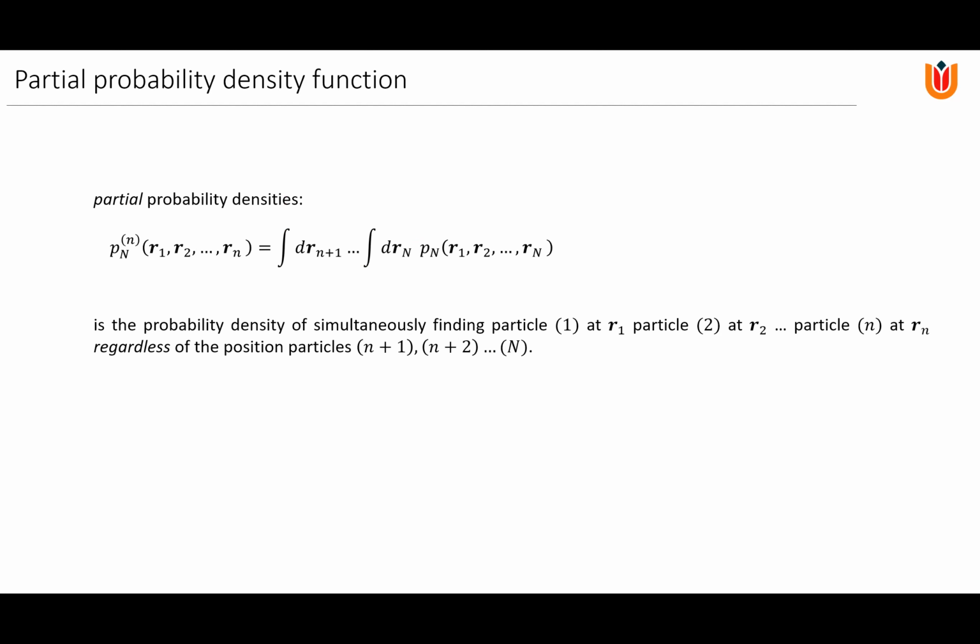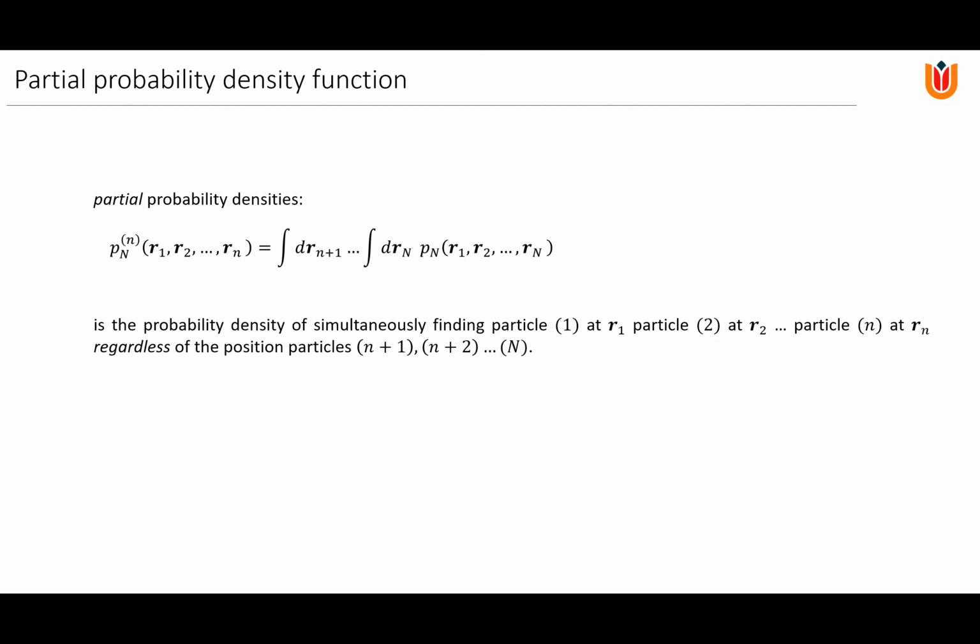Now from that you can calculate partial probability densities. What we do here is we have a joint probability of particles 1 to N, and we integrate out particles n plus 1 to capital N, the integral of dR(n+1) to dR(N) of this function.